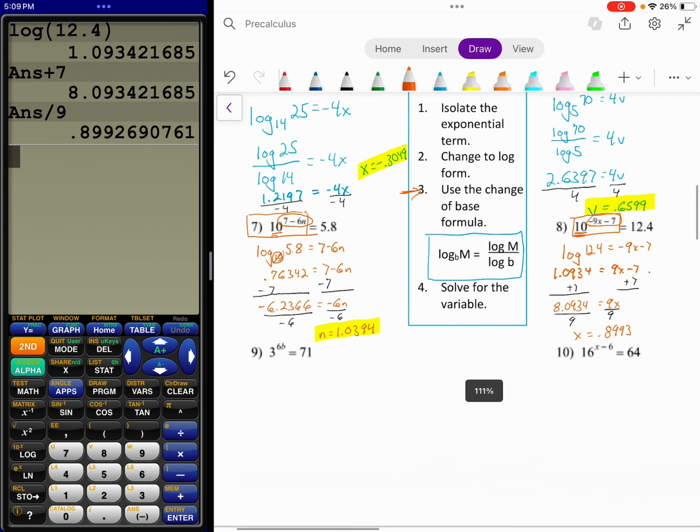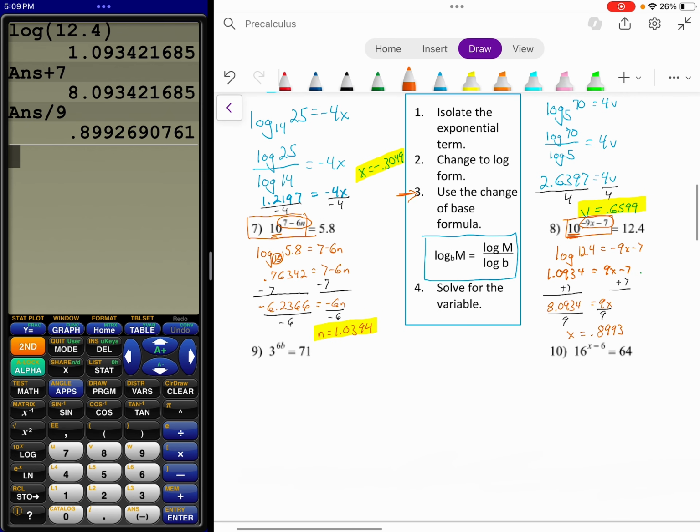Numbers 9 and 10 here. Number 9. The exponential term is isolated already, so we jump to step 2. We're going to change to log form. So log base 3 of 71 equals 6b. We can use our change of base formula.